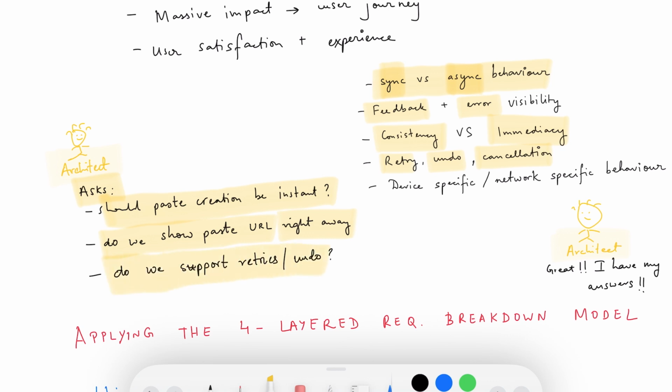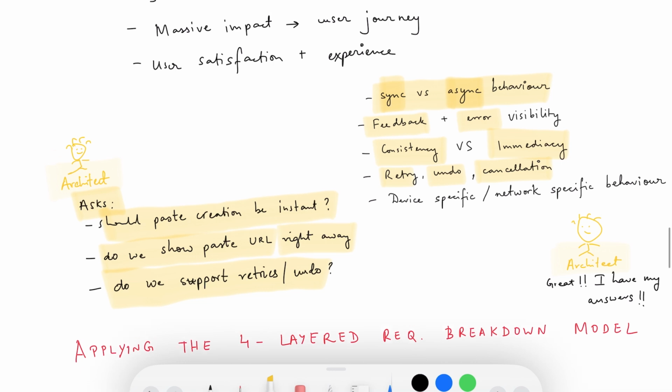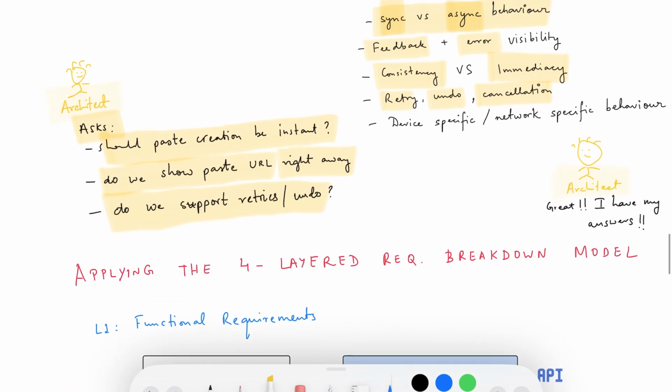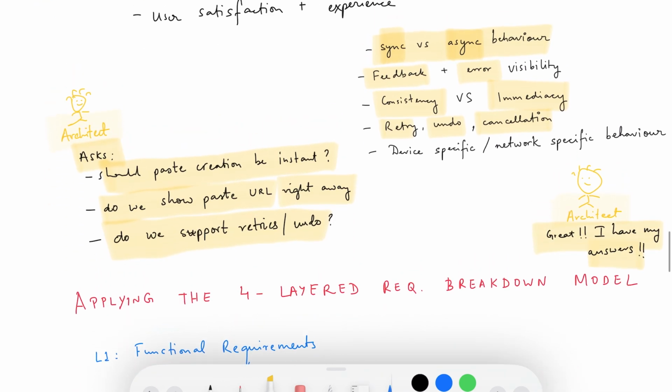So these are the relevant questions that our architect comes up with, and having applied all four layers of the system, our architect is now confident that he can build a correct system. He has his answers, and he is applying this four-layered breakdown model to build Pastely. So let us see how exactly the answers to these questions help us design Pastely.